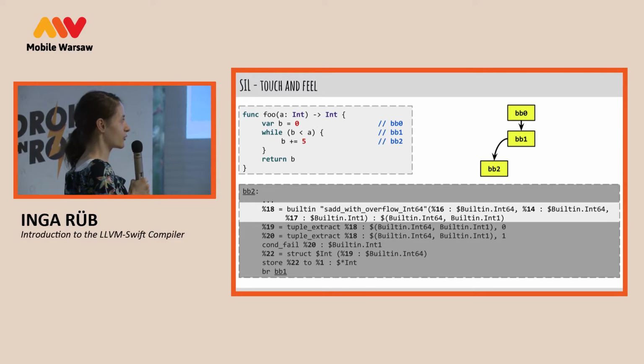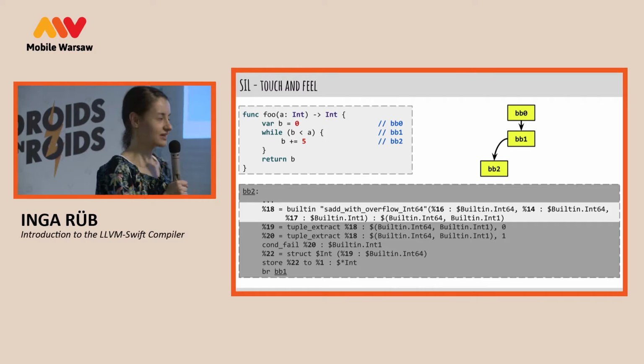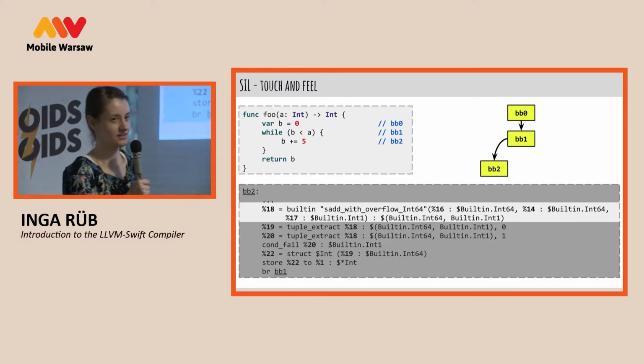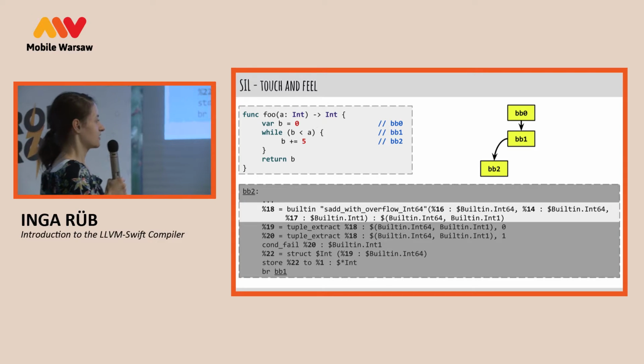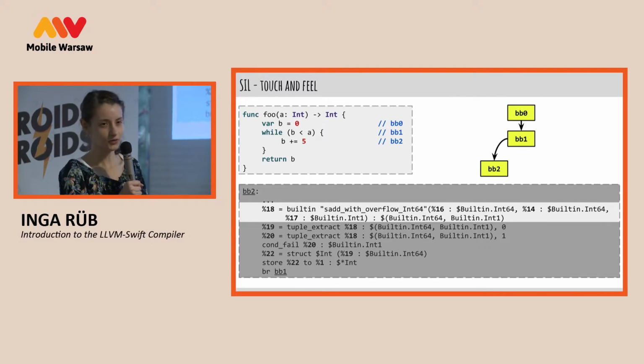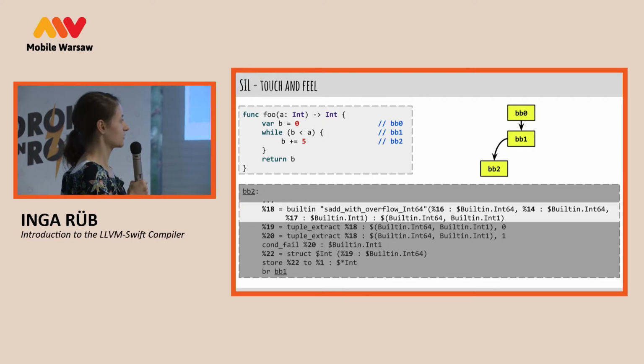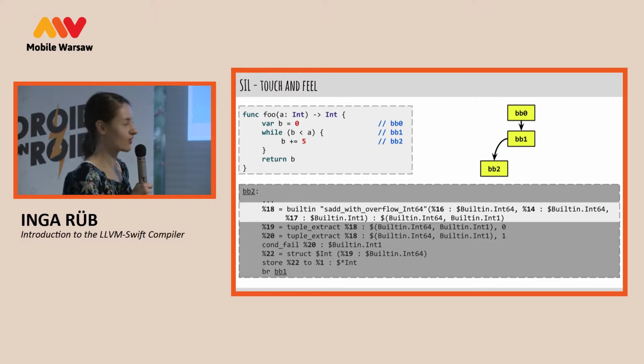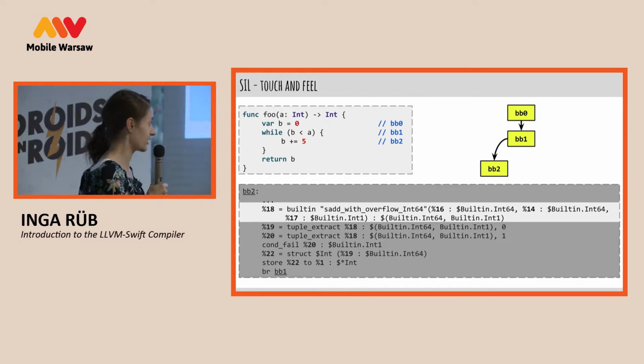If we compile our code with the dangerous flag -Ounchecked, then it doesn't have this special bit, and it doesn't check whether there was an overflow or not. But here it was compiled with the flag -Onone, so without optimizations. So we check for each arithmetic operation whether there was an overflow or not.